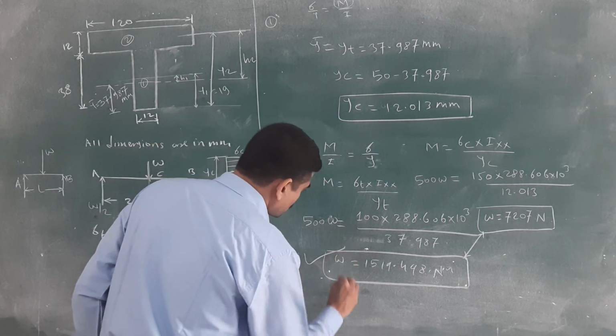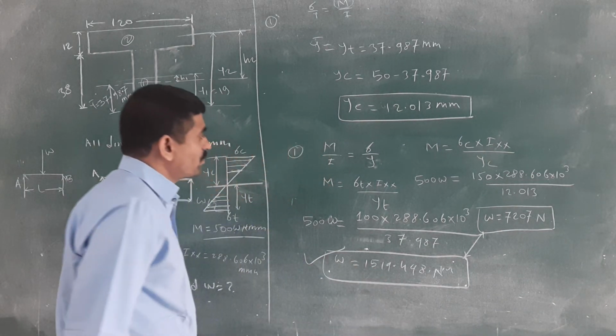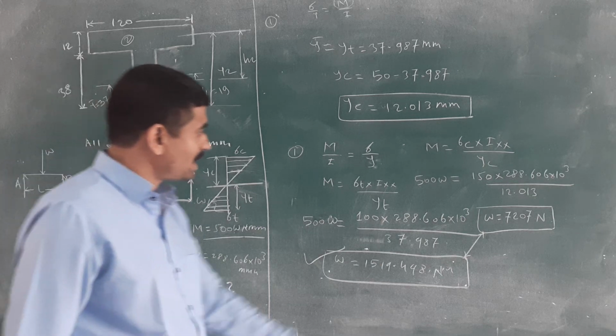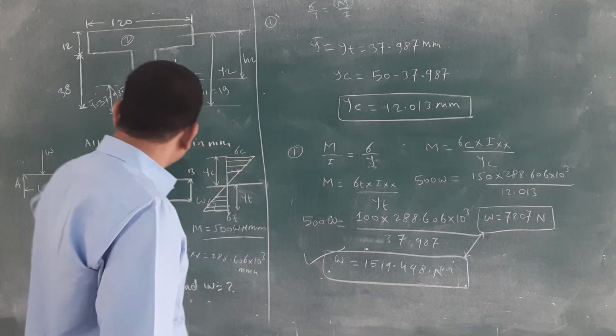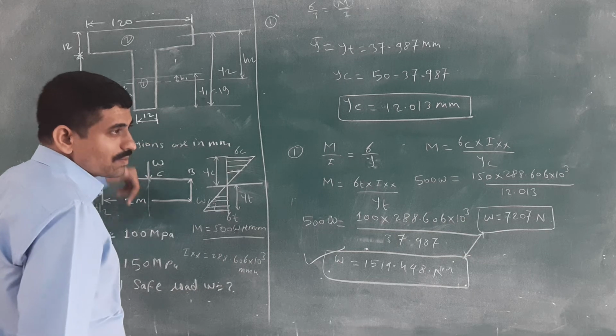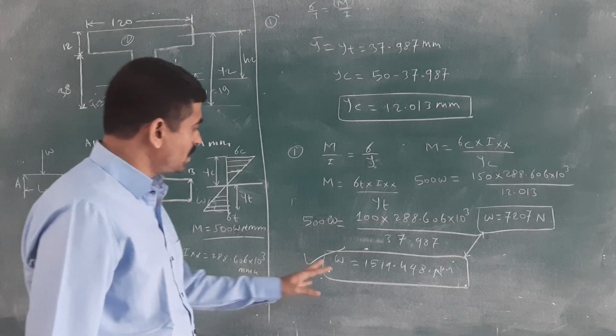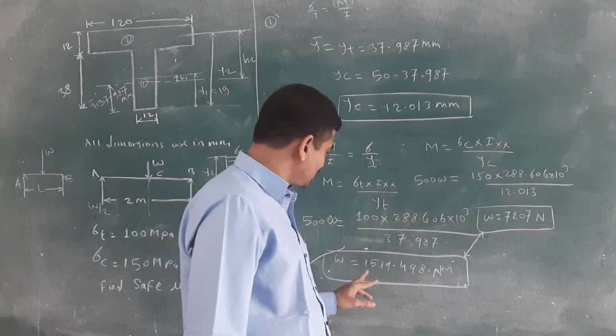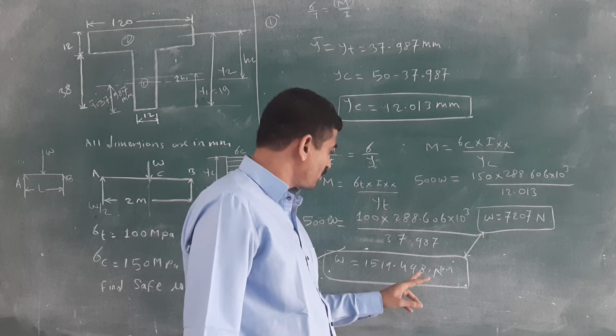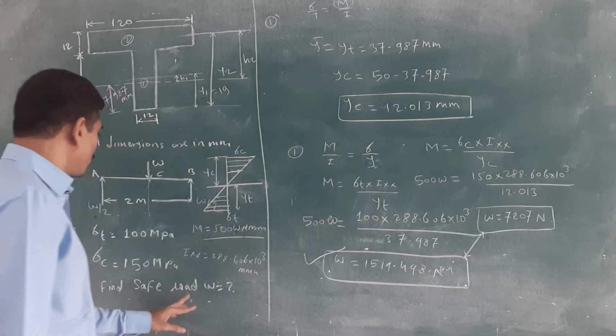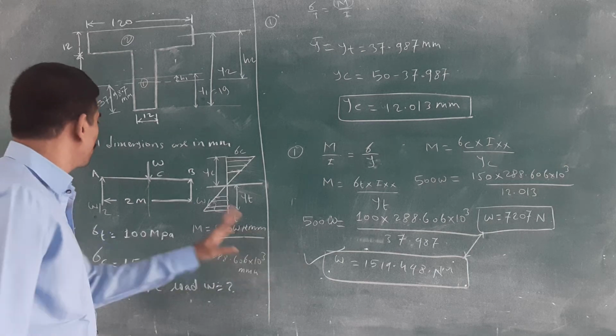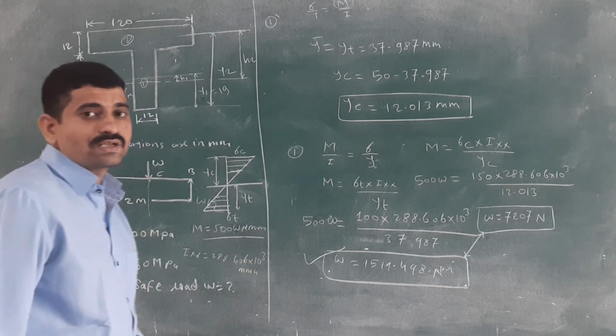If you apply the second value, then this beam will bend or break. That's why I choose the safe value, 1519.498 Newton. This load will act on the simply supported beam.